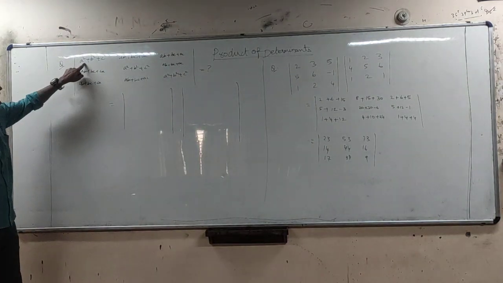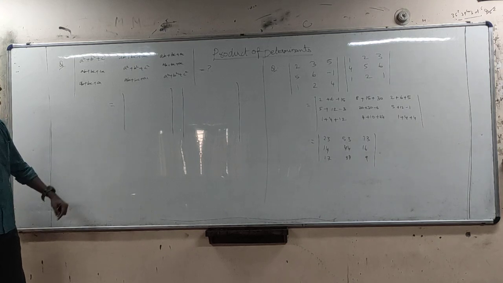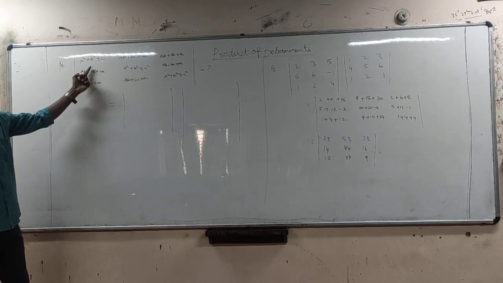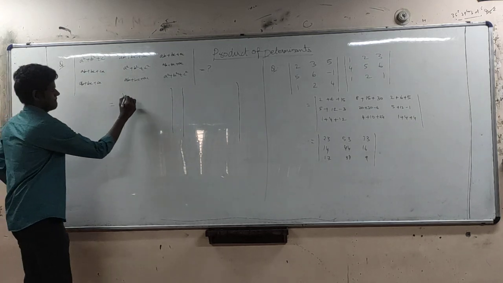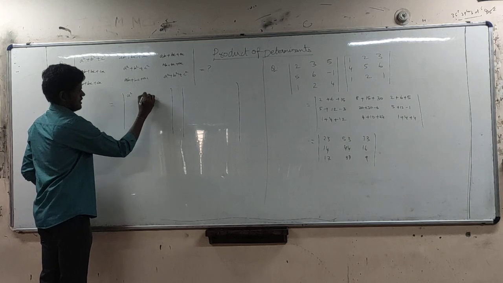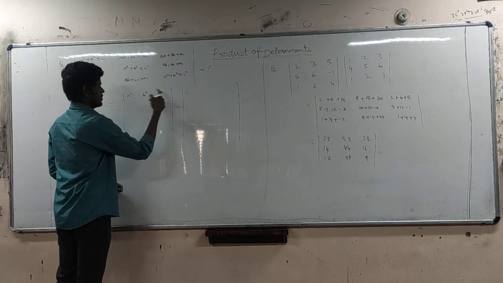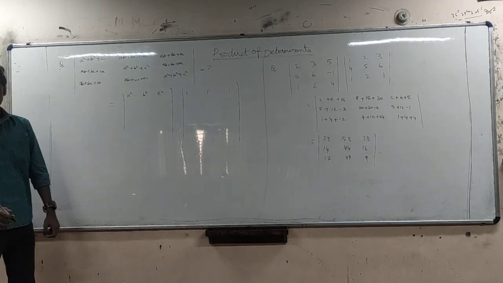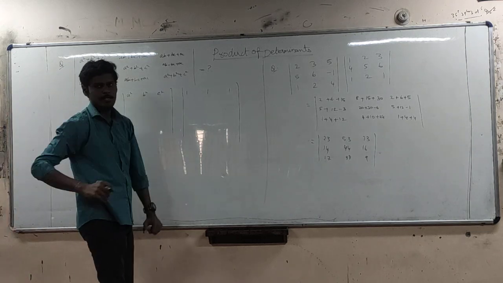So how to write this term? I can write this as a square into 1 plus b square into 1 plus c square into 1. Now we get the first element.